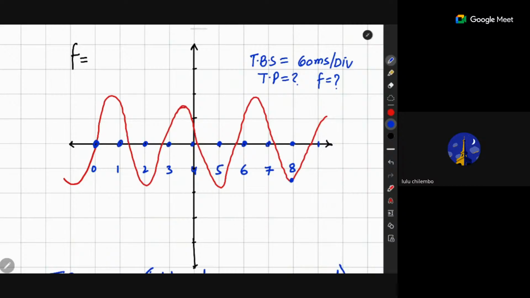How many complete waves? One complete wave, two complete waves, 2.5, and then 1/4. So 2.5 plus 1/4, that is 2.75 waves are there.